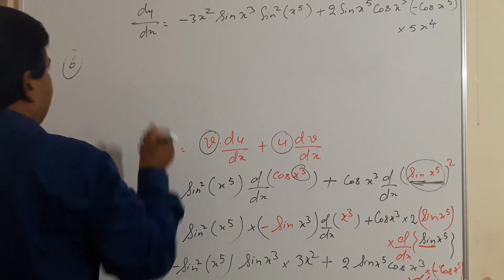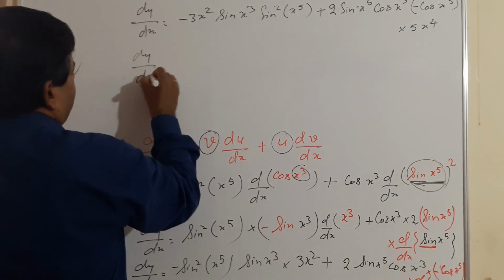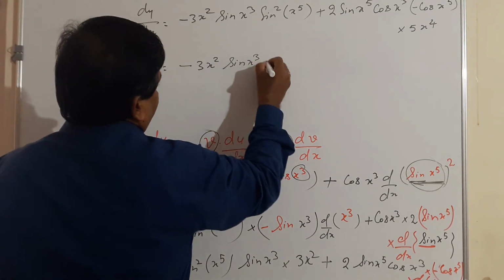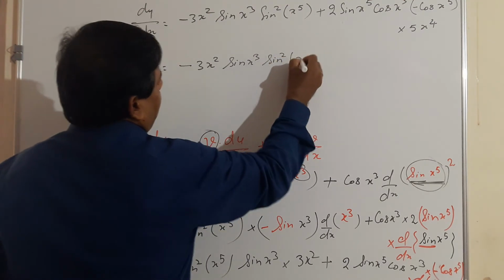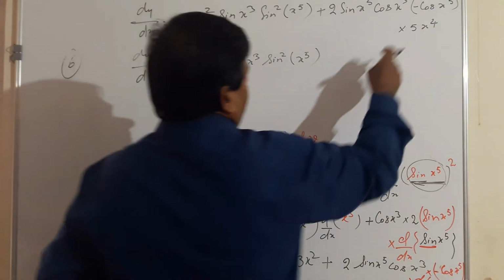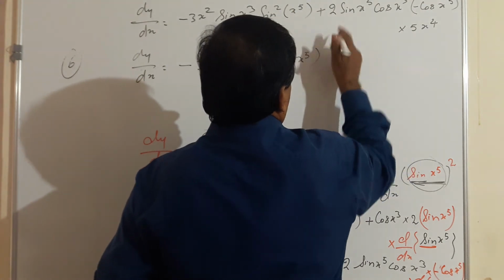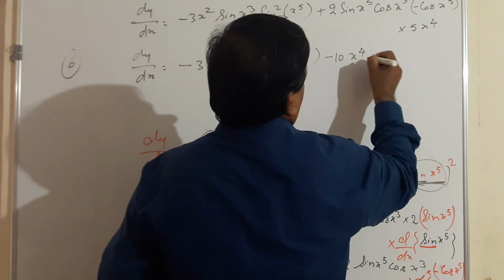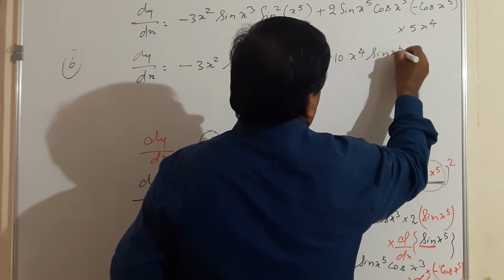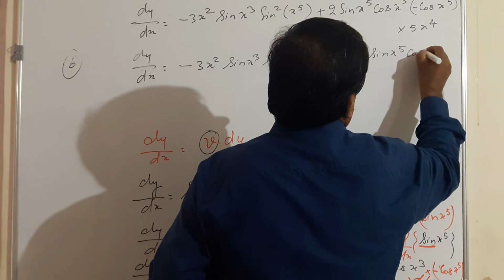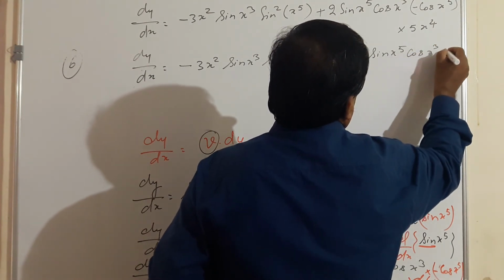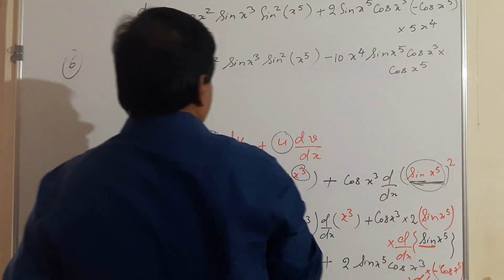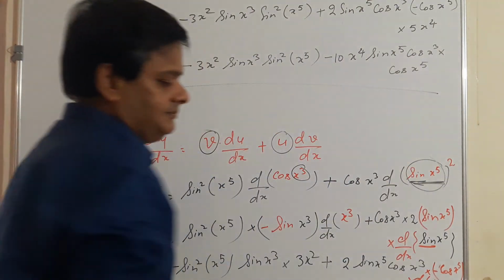So dy by dx is equal to minus 3x square sine x cube sine square x raised to the power 5, here minus 5 into 2, minus 10 x raised to the power 4 sine x raised to the power 5 cos x cube into cos x raised to the power 5. So this is your answer.